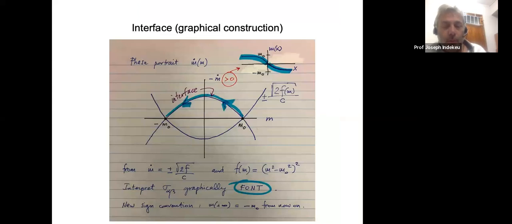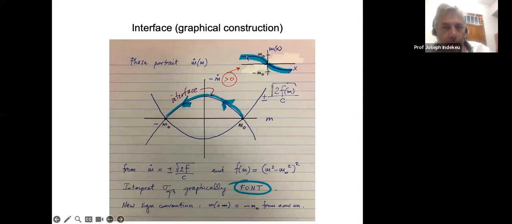So then we arrived at a graphical construction for the interface. And this is more or less where we arrived yesterday, and I'll recap this one. I changed the drawing a little bit in order to be more precise in correspondence with the phase portrait.